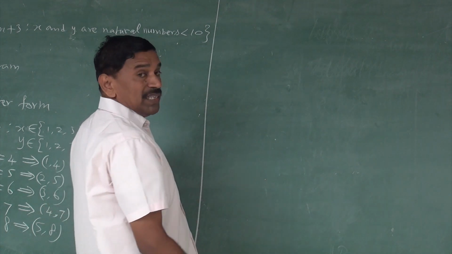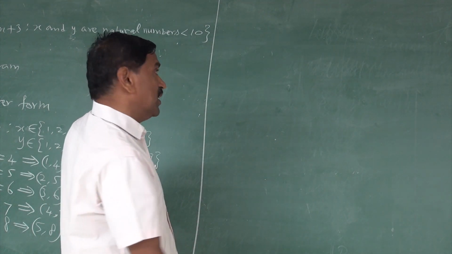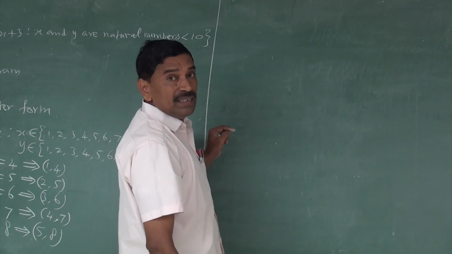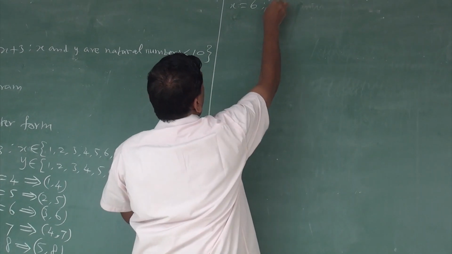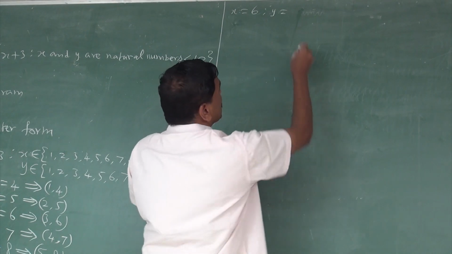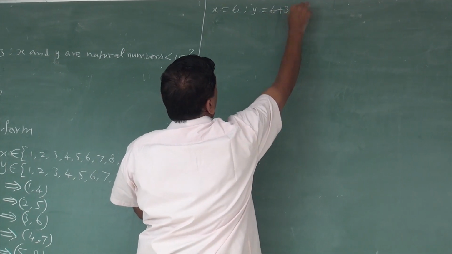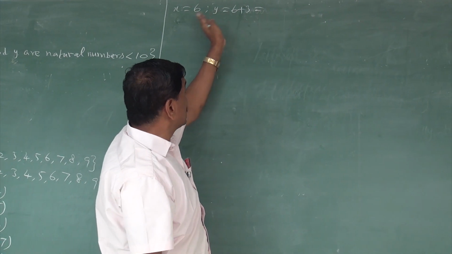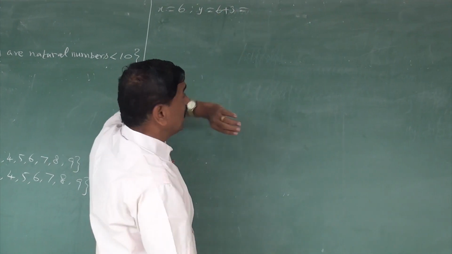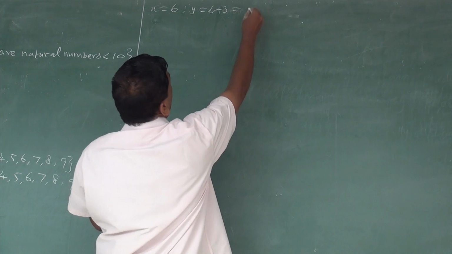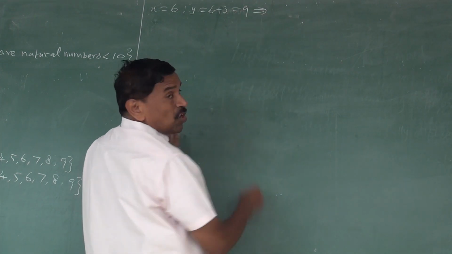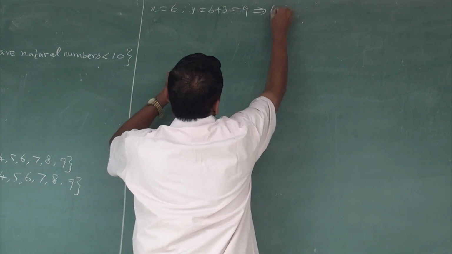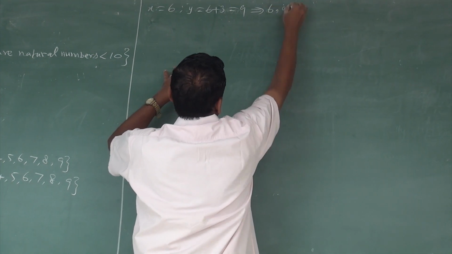Now next, x can take 6. When x equal to 6, y is equal to 6 plus 3, equal to 9. What is the ordered pair? 6 comma 9.